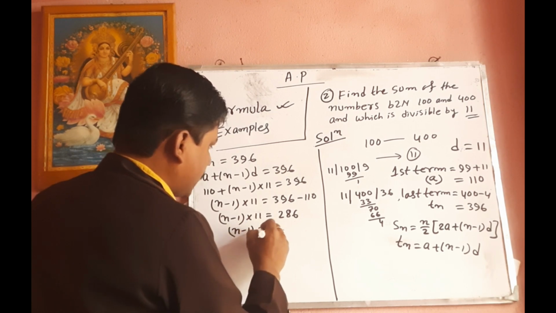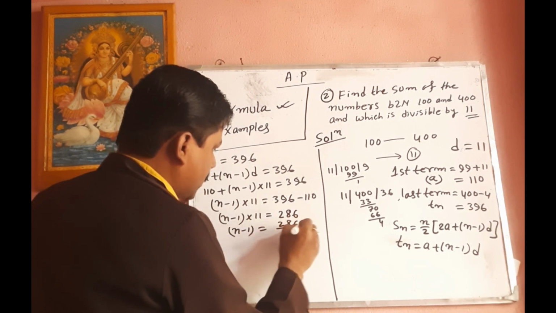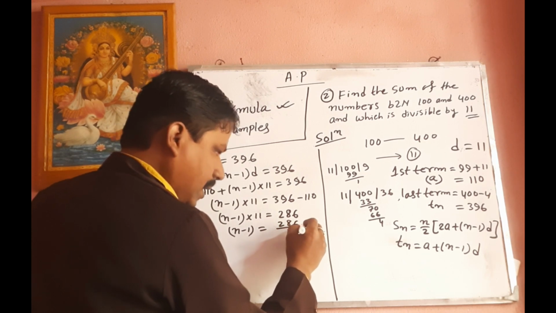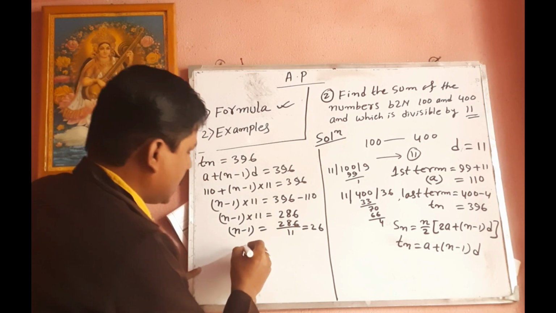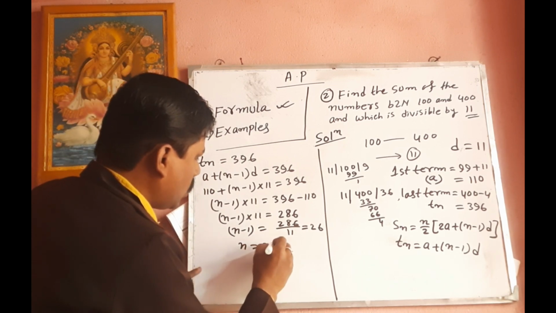Calculating, 286 divided by 11, we get 26.